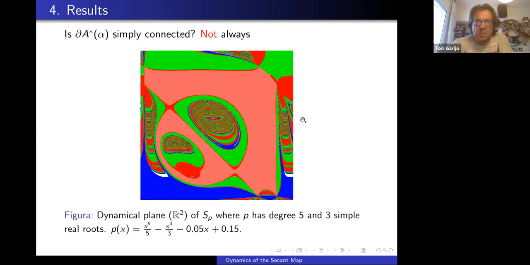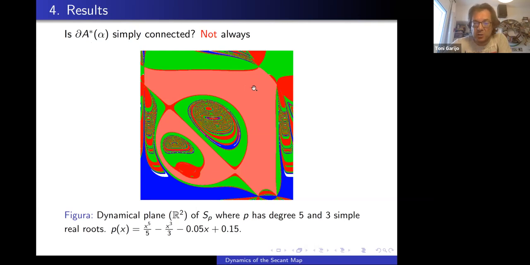Just a comment. Working on the secant map of a polynomial, it is possible to obtain the immediate basin of attraction. In this case, the immediate basin of attraction is not always simply connected.